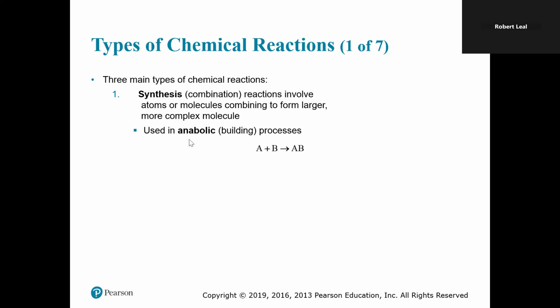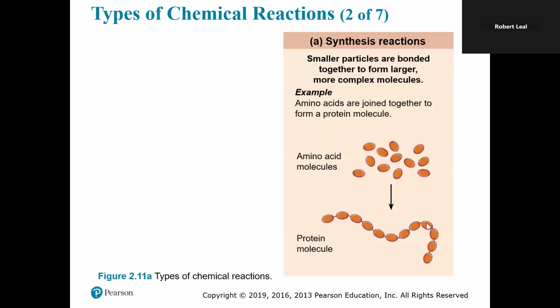You could also refer to it as anabolic reaction as well. So here you're looking at amino acids. Amino acids are what you need to put together to make what's called a protein. So the reactants here in this case are amino acids, and the product would be a protein. So this would be a synthesis reaction, or anabolic means building up.